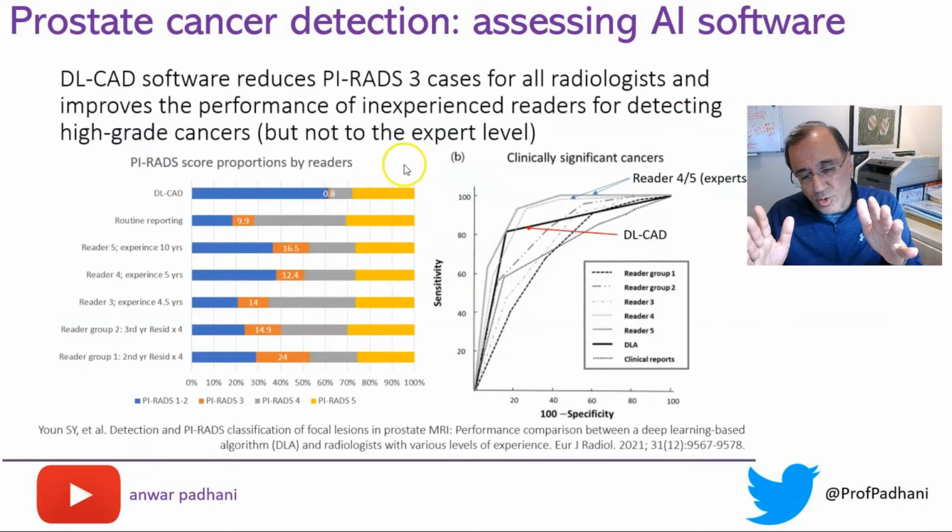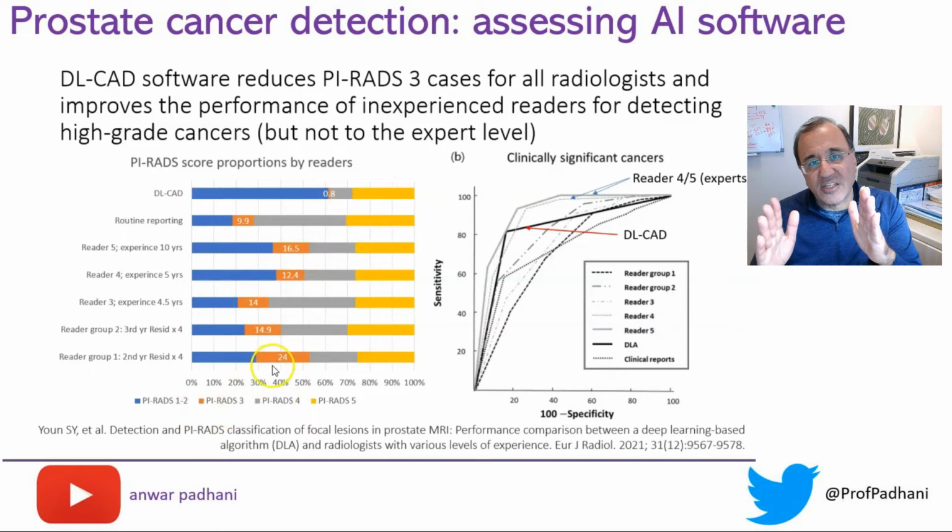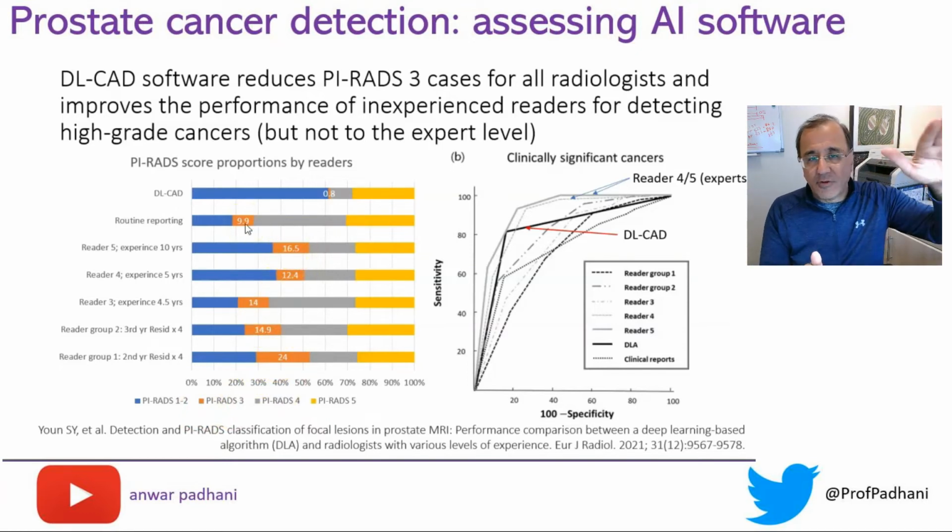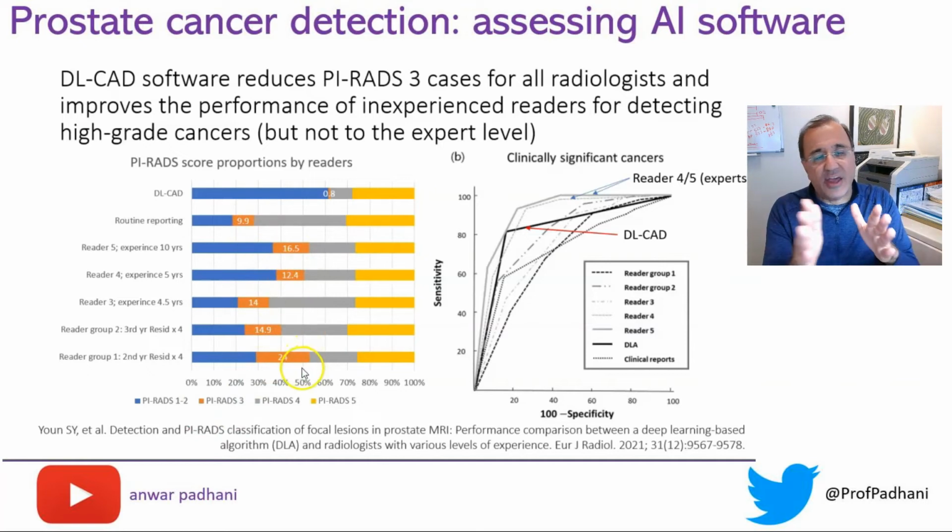But what we do know is that it reduces the number of patients with indeterminate or PIRADS 3 cases. So you can see how there are a number of radiologists who have a PIRADS 3 prevalence of anywhere from 10 to 15%, and the AI brings it down to 1%. So this is something that we wanted. We wanted to reduce the number of indeterminate cases, and AI can help you decrease the number of indeterminate cases.